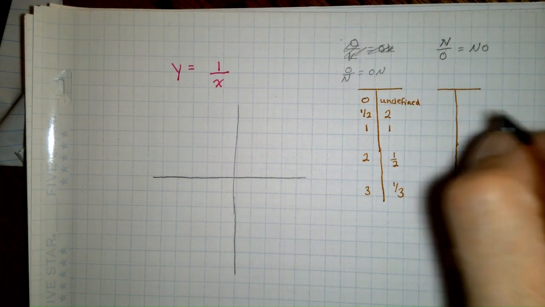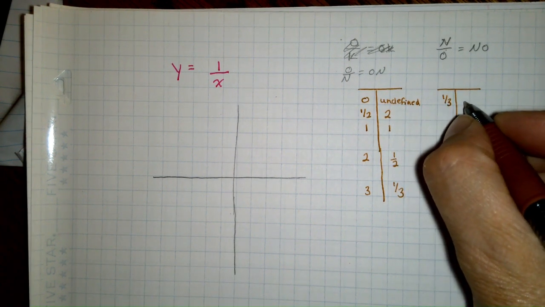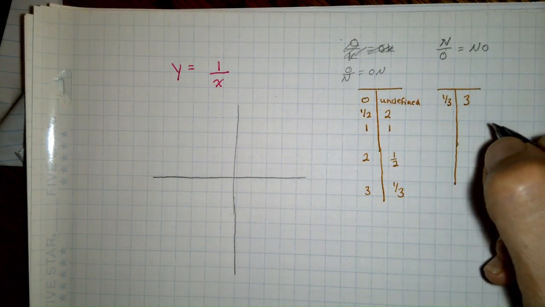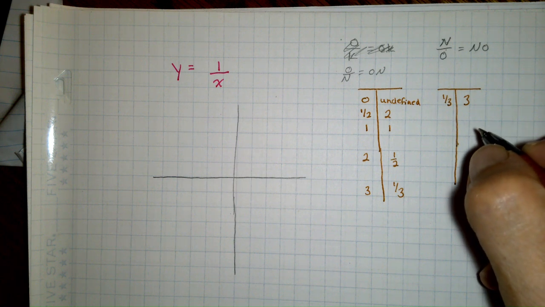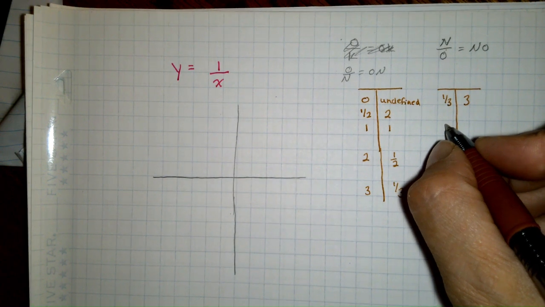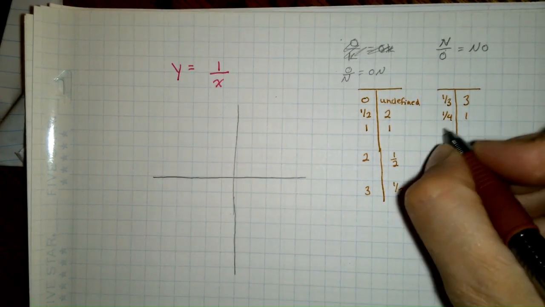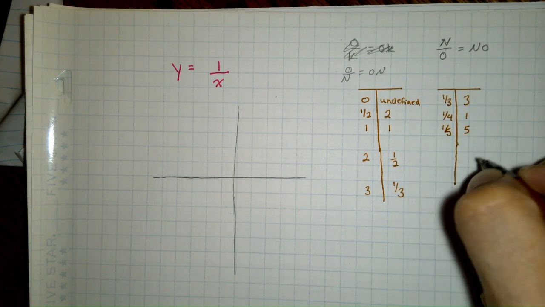Forgot I actually wanted this over here for fractions. What about 1/3? 1 divided by 1/3 is 3. One-fourth would be 4. 1/5 would be 5.